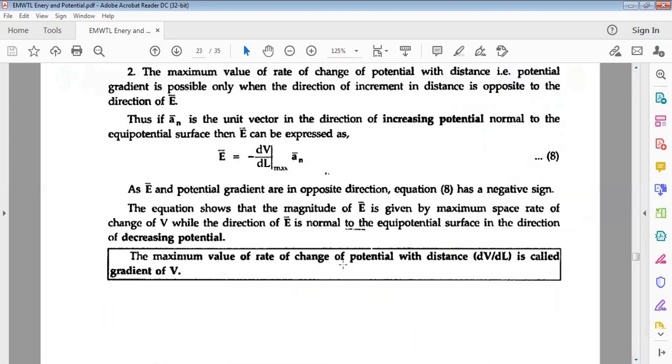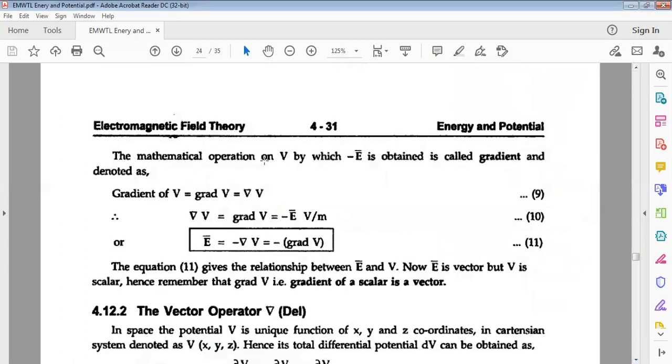The maximum value of rate of change of potential with distance, dV by dL, is called the gradient of V. The mathematical operation on V by which minus E bar is obtained is called the gradient, and it is denoted as gradient of V, or grad V, or del V.